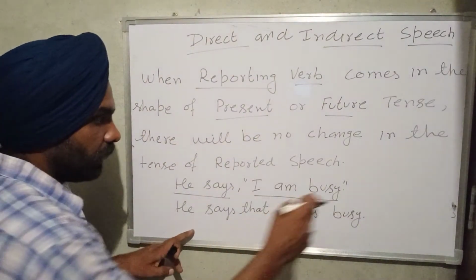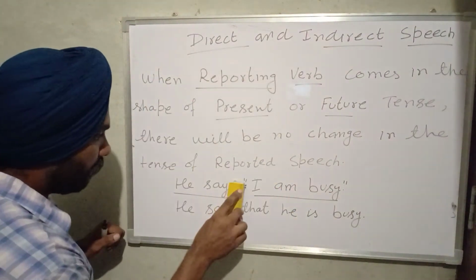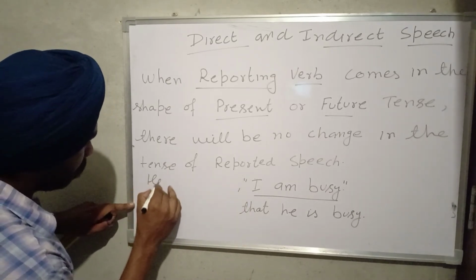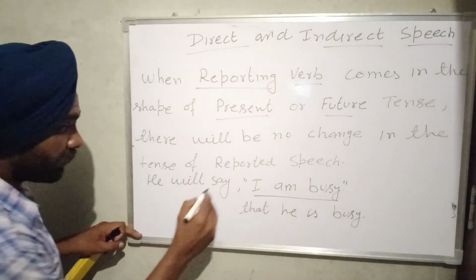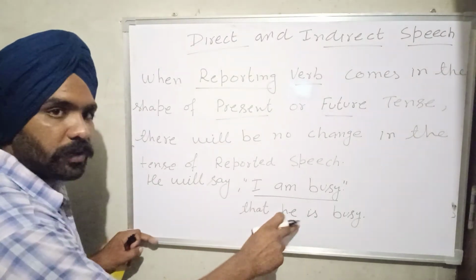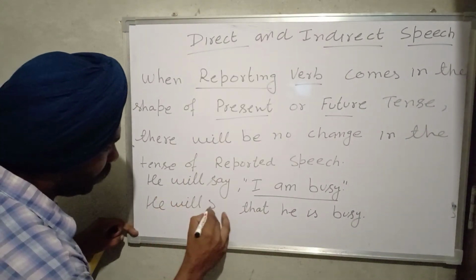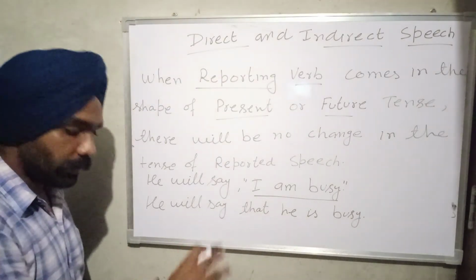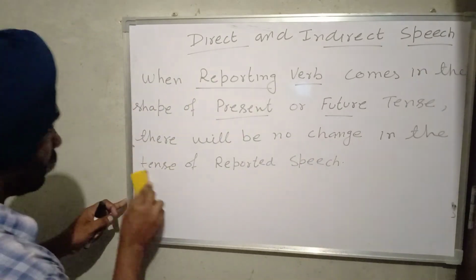So we change direct into indirect in this way. Now we will take one example of future tense. He will say, for example, the sentence comes in this shape, then there is no need to change the tense. It remains: he will say that he is busy. So this is the construction. Okay, now move further.